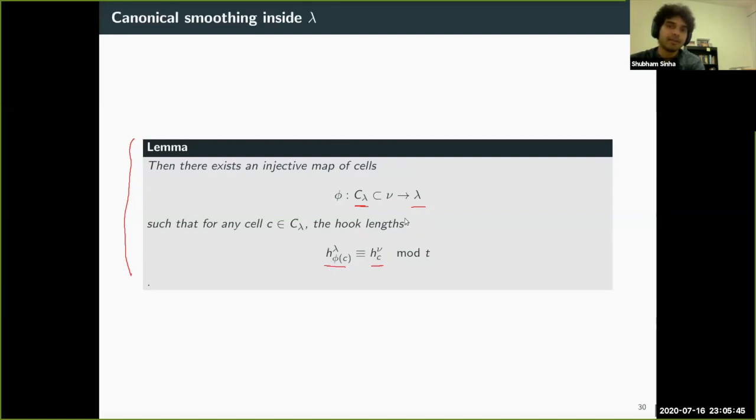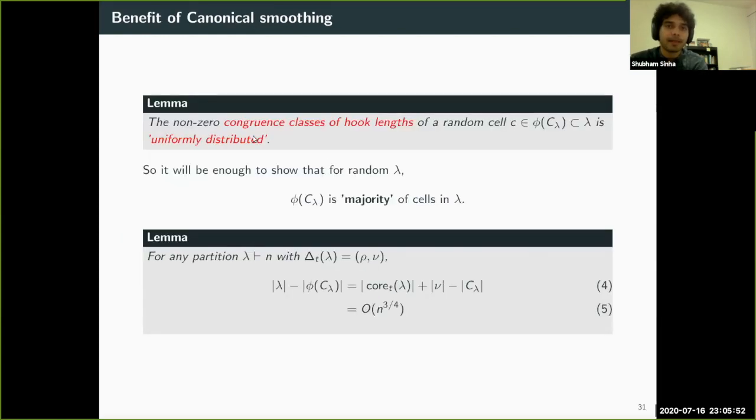So in lambda you have this image which jumbles up all the congruence classes. It is uniformly distributed for the non-zero congruence classes of hook lengths for this image.